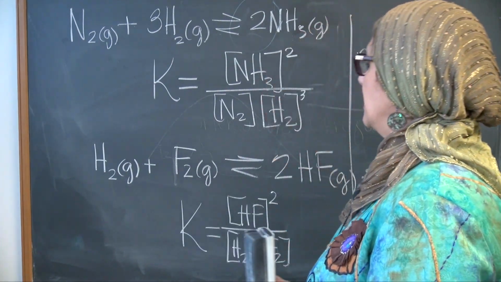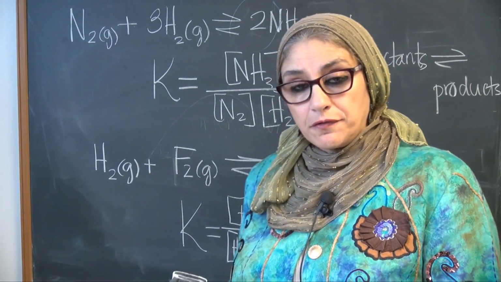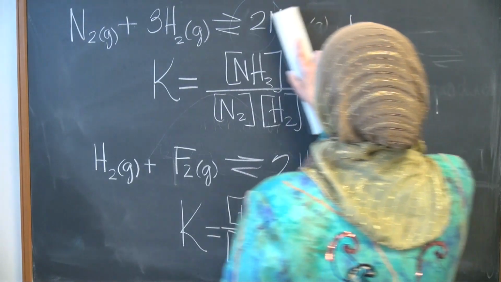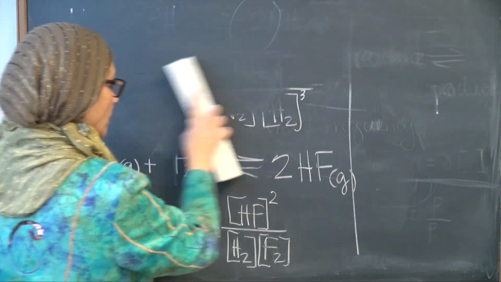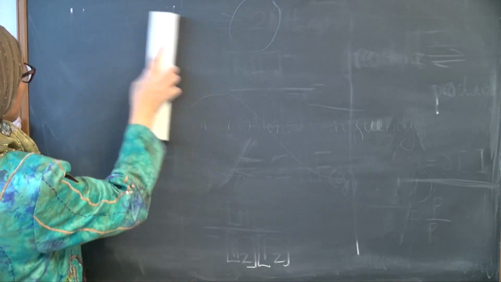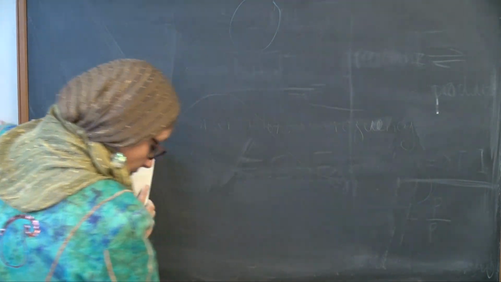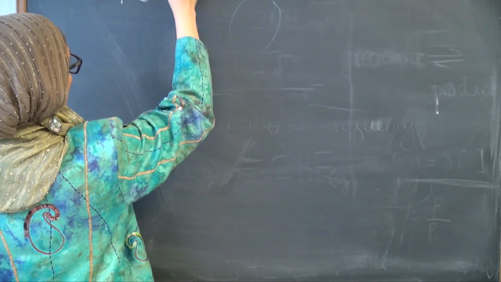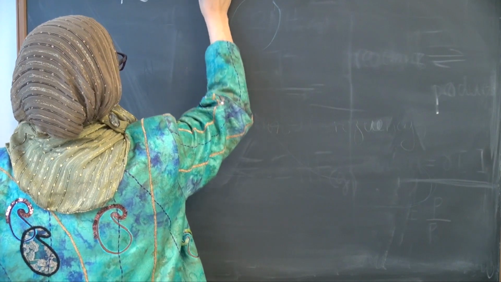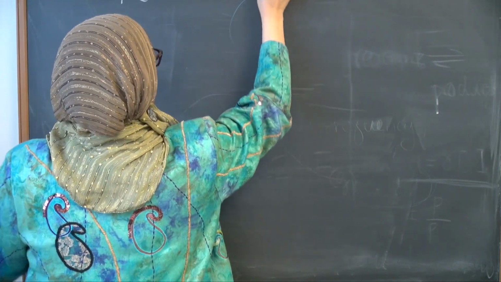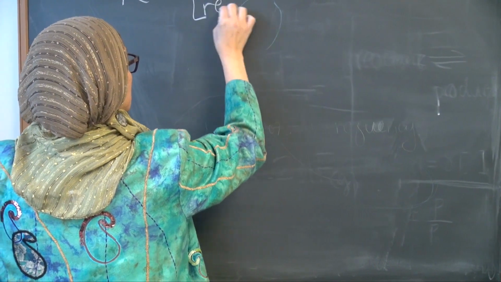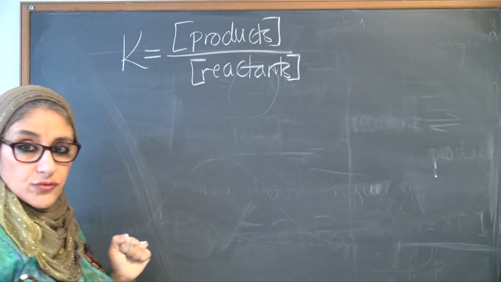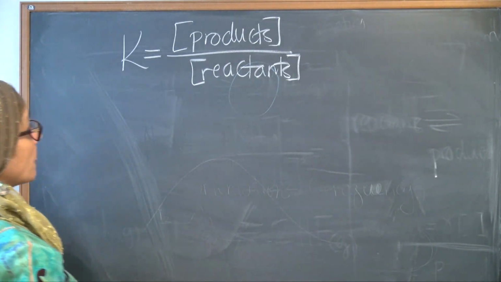Okay. Now, what exactly is the significance of K? What information does it communicate to us in terms of the chemistry? Well, if we consider that K is the concentration or partial pressures or activities, however you want to think of it, of products over the concentration of reactants, that's the basis for what the equilibrium constant is.